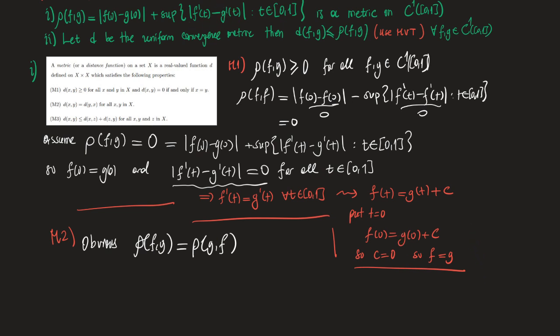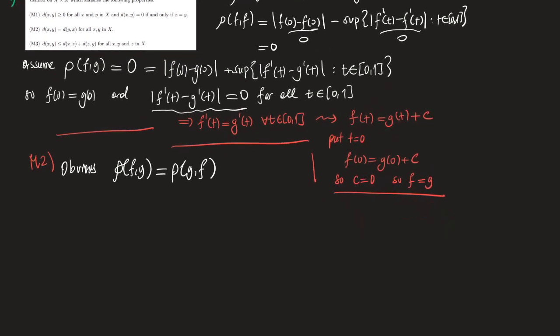So let us show M3. I need to show the triangle inequality. Given any f, g, h, let me write rho(f, g).